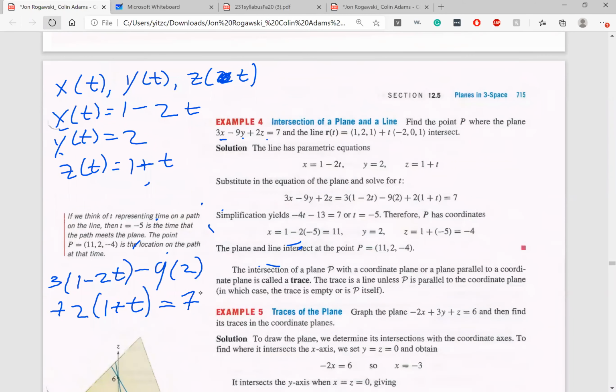Okay, so when we simplify this, we get 3 minus 6t minus 18 plus 2 plus 2t is equal to 7.